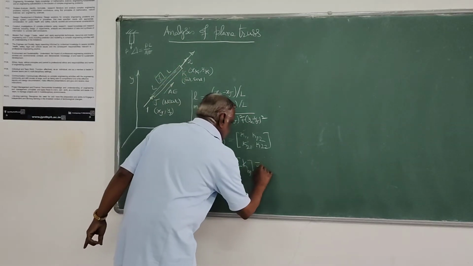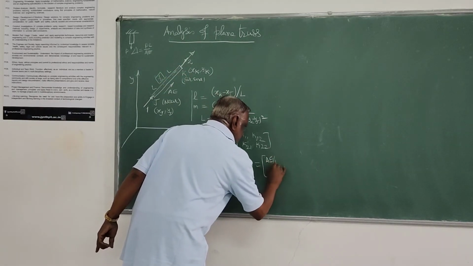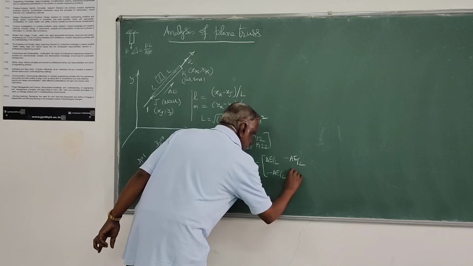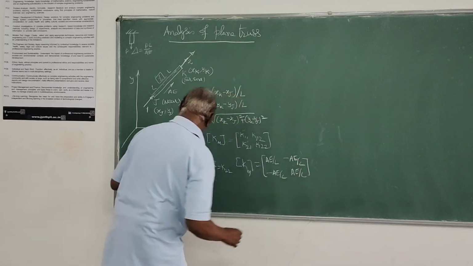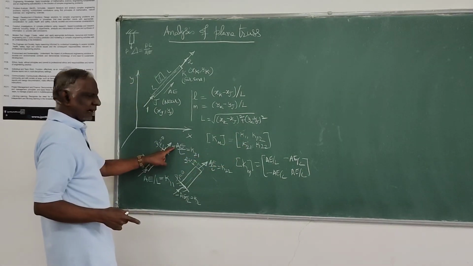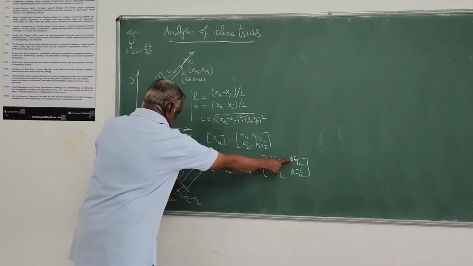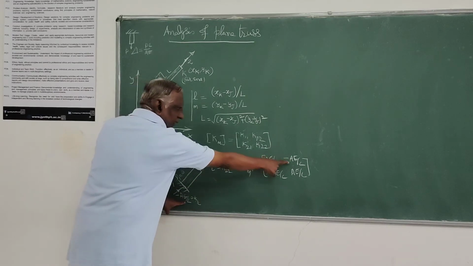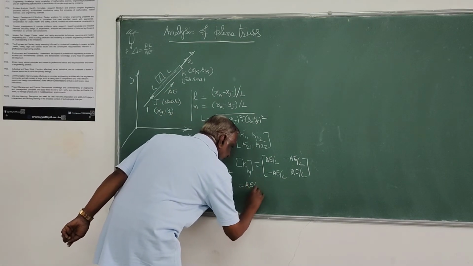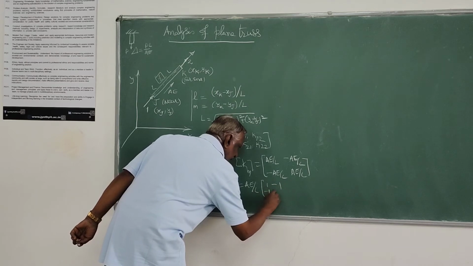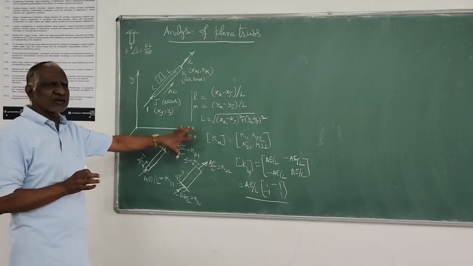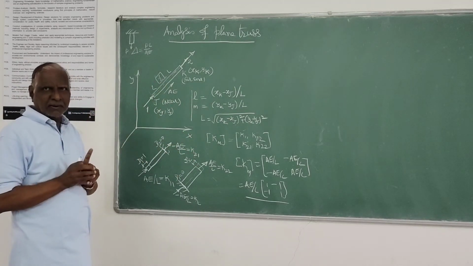So this Km is AE by L, minus AE by L, minus AE by L, plus AE by L. K11 is AE by L, K21 is minus AE by L, K12 is minus AE by L, K22 is AE by L. Or this I can write as AE by L times [1, -1; -1, 1]. This is the element member stiffness matrix. This you have to remember first.